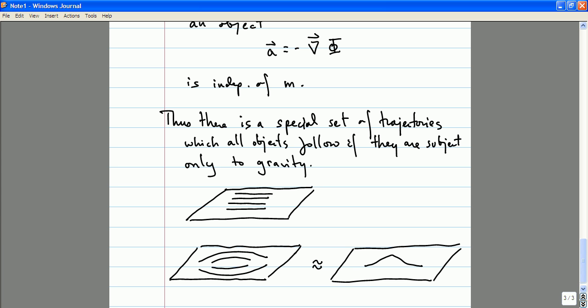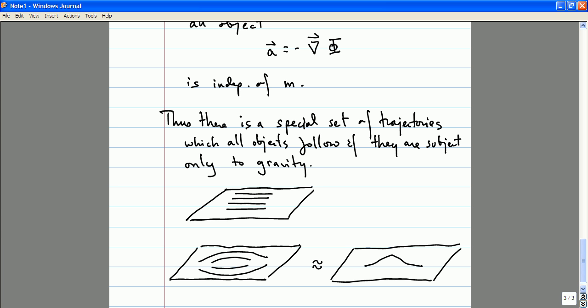Yes? How can their trajectory be mass independent if their mass is also curving space-time? Okay, good. That's a good point. In Newton's law, we have the statement that the acceleration is independent of the mass of the object. But what we're really doing is thinking of an example where the mass of the object is sufficiently small that we don't have to worry about it creating its own gravitational field.